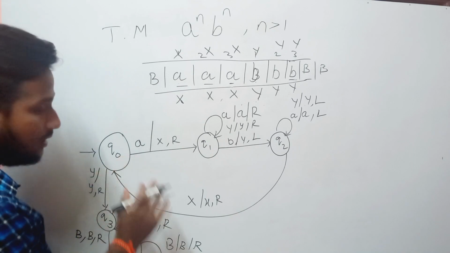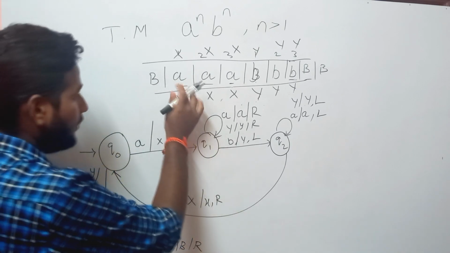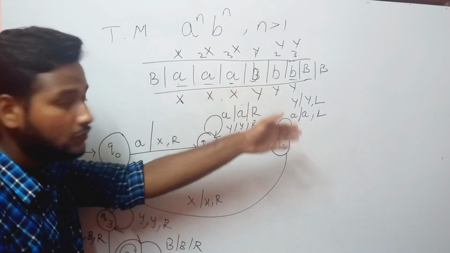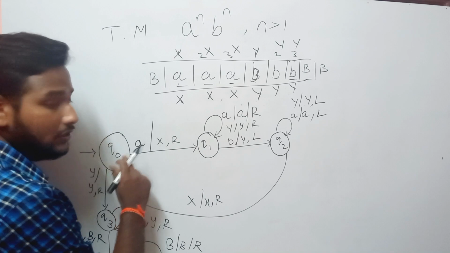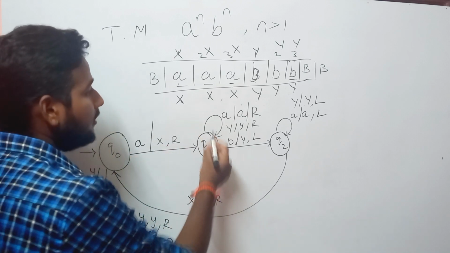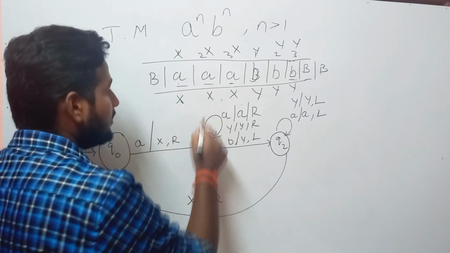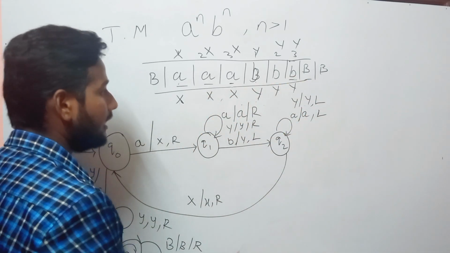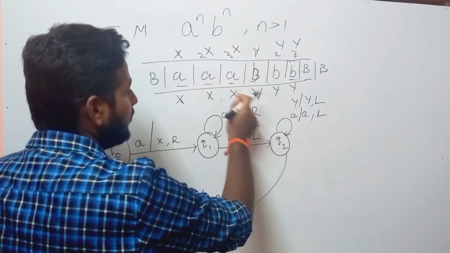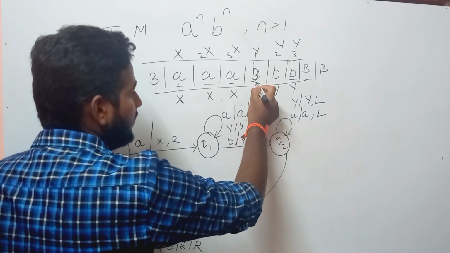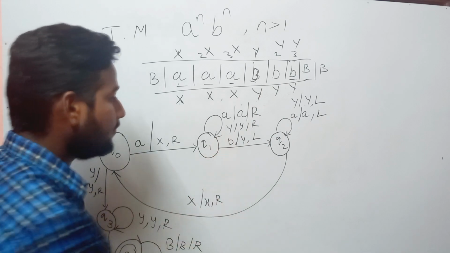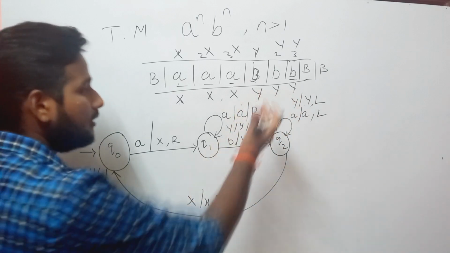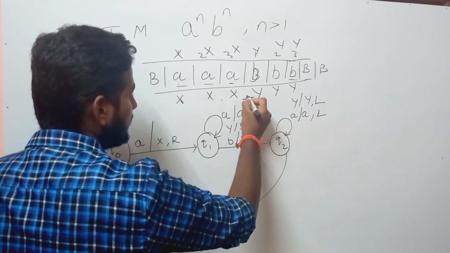First, Q0 is the initial state, which takes the first input A. It changes into X and the direction moves to the right, and the state Q0 changes to Q1. Then it searches for the B value, simply ignoring A's: A remains as A and the direction moves right until it gets the first B. After it gets the first B, we change it to Y and the direction reverses towards the left.